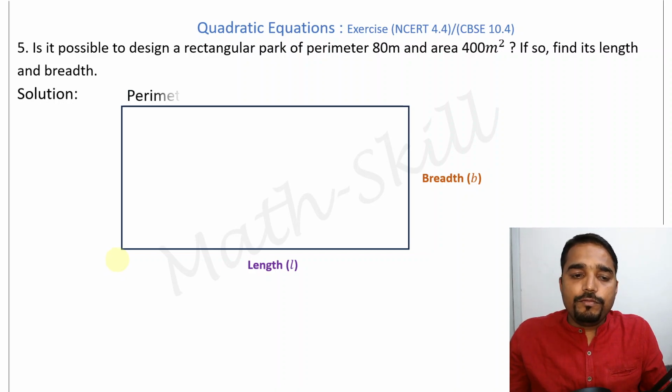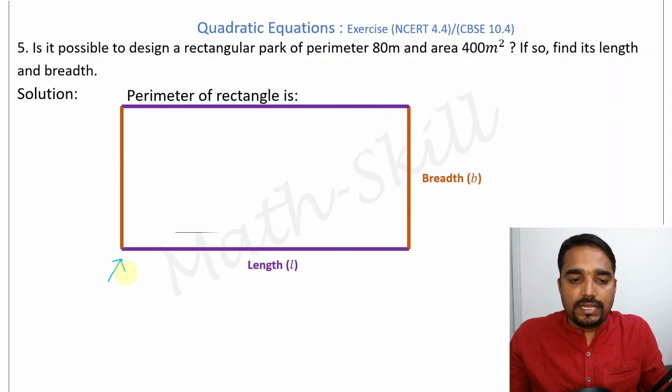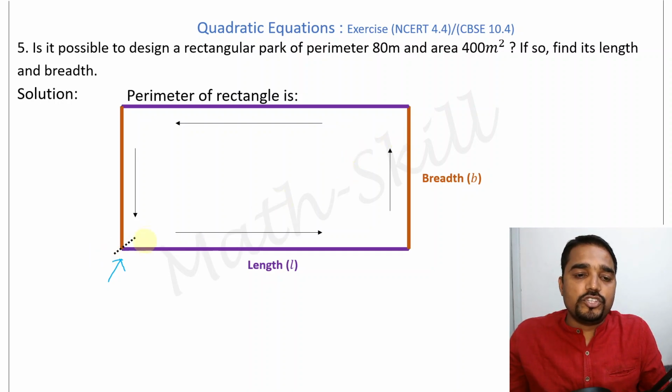That is, if we start to walk along the boundary of the rectangle starting from this particular point, then we would be walking first along the length, followed by the breadth, again followed by the length and the breadth. That is, we would be walking from left to right, followed along the breadth like this, and then along the length followed by the breadth again. Therefore, we would be reaching the same position again.